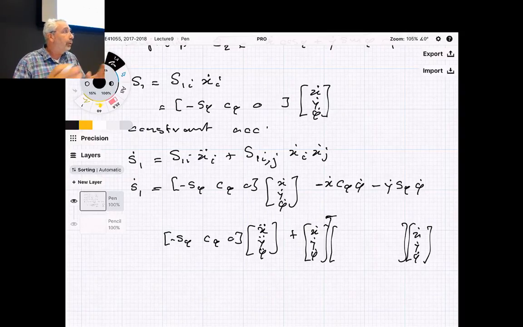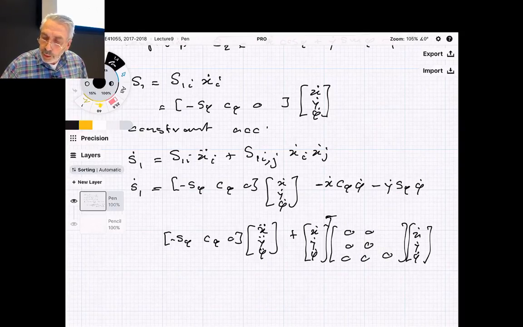Now there are only a few, most of it is 0. These are all zeros on the diagonal anyway, here and here and here. And here I have only 2 entries, that's the minus cosine phi and the minus sine phi.